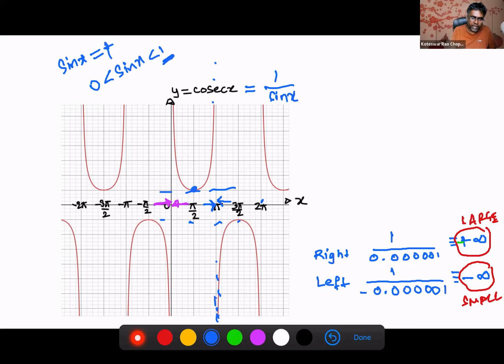If you take any value less than 1, you will start getting greater values. As you approach 0, you get very large values. That is why between 1 and minus 1, there is no output from cosecant x.